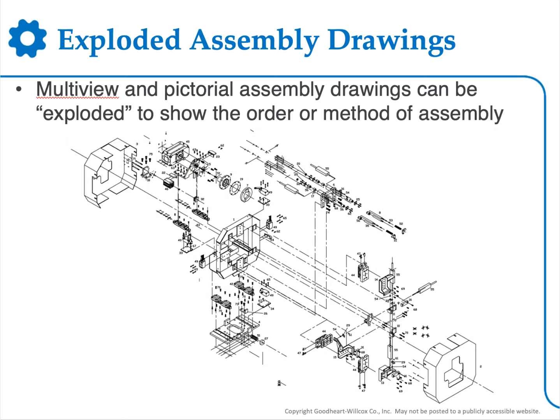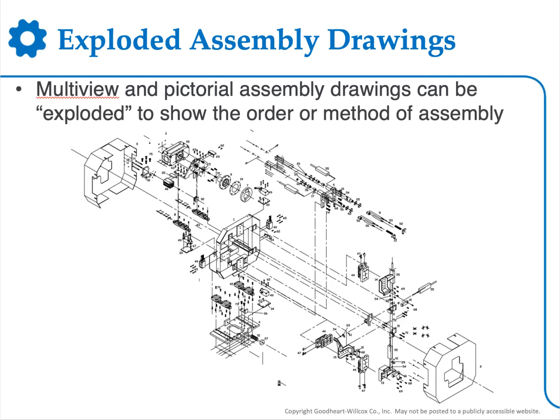Here's what I call the IKEA exploded assembly drawing. I think if any of you have put together any furniture that you've bought from IKEA, or components of a TV stand, anything like this, this is the standard exploded assembly drawing, where we take an assembly and we literally pull it all apart, and we use phantom lines to show how our fasteners go together.